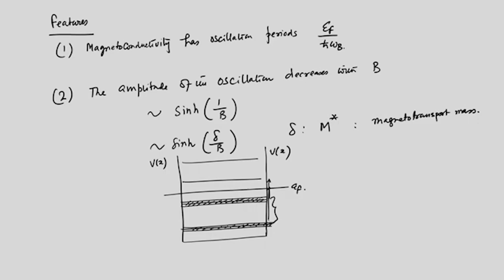So, if you place your Fermi level at an arbitrary position, that defines the filling, the number of electrons, and then you are tuning the magnetic field. The larger magnetic field will cause a larger change in the spacing between the two Landau levels, and suppose the chemical potential is placed somewhere in between, then the Landau levels will sequentially and periodically cross the Fermi level, and that will cause fluctuation in conductivity.